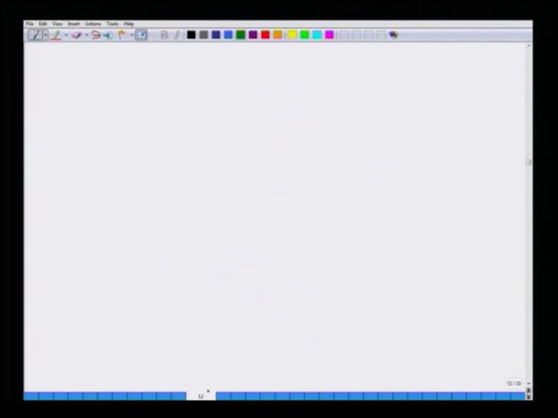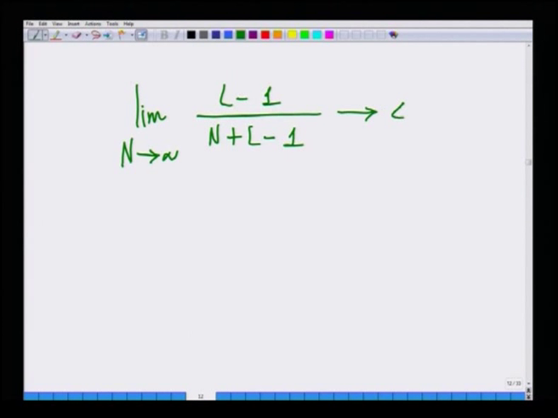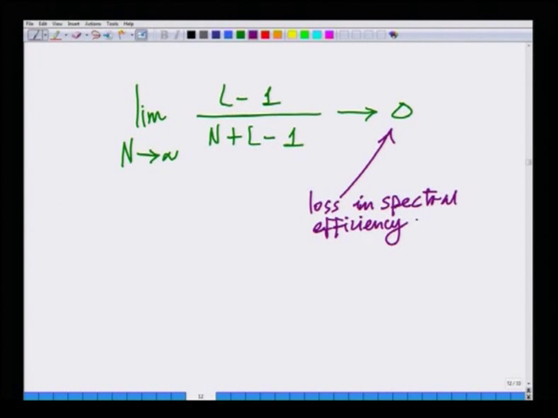So, we can see limit n tends to infinity, L minus 1 divided by n plus L minus 1 tends to 0, implies the loss in spectral efficiency approaches 0.